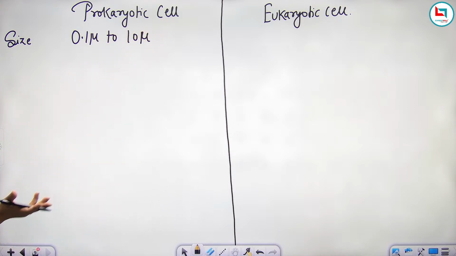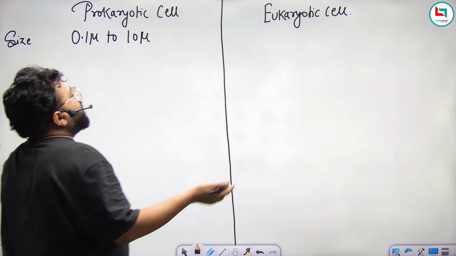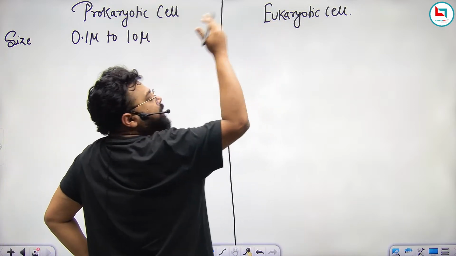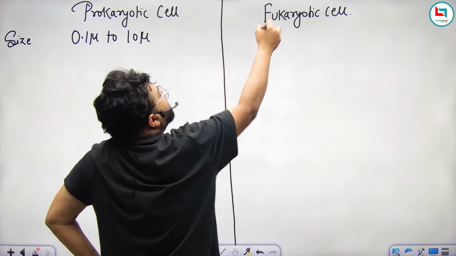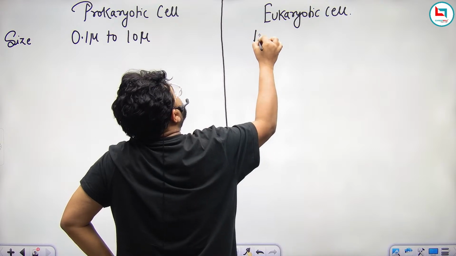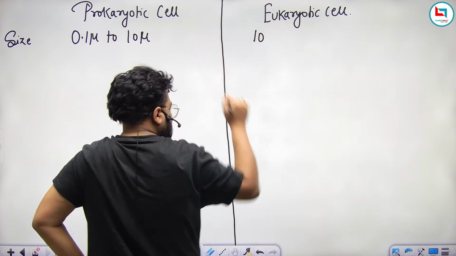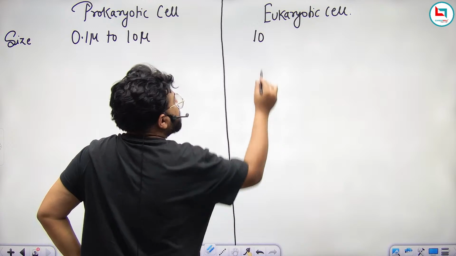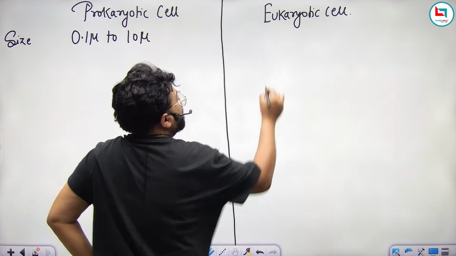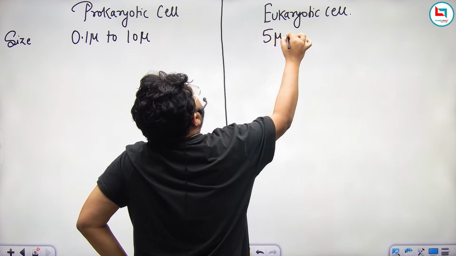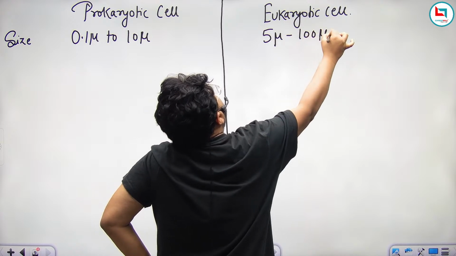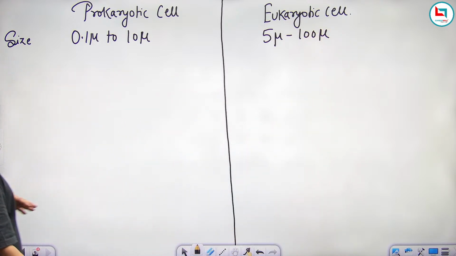Micron means 10 to the power minus 6 meters. While the eukaryotic cell ranges from 5 micron to 100 micron. That means eukaryotic cells are large in comparison to prokaryotic cells. This is the first parameter on which we have classified prokaryotic and eukaryotic cells.